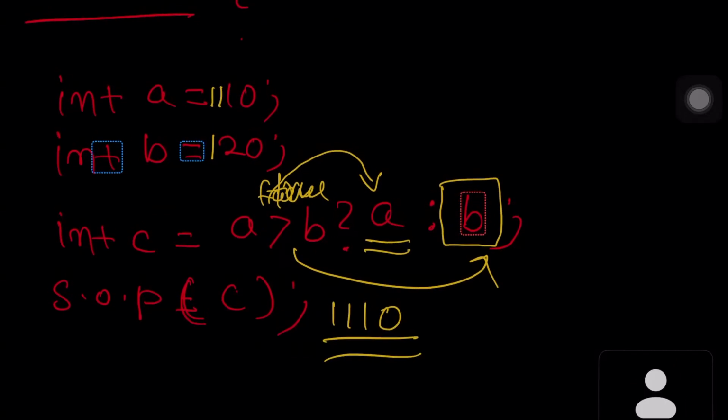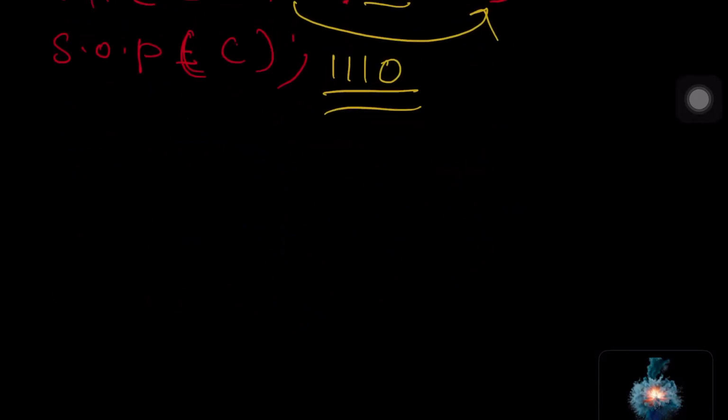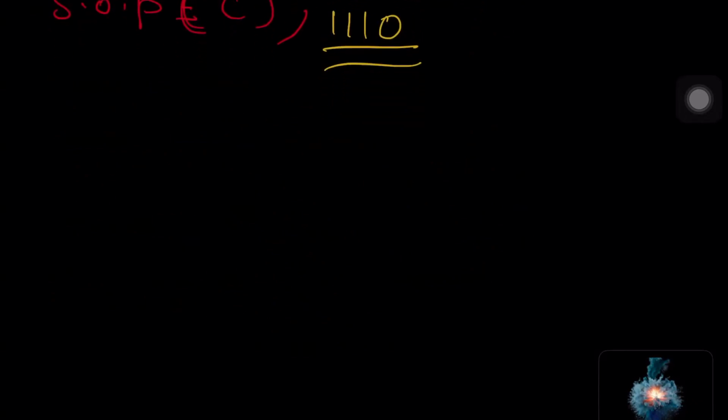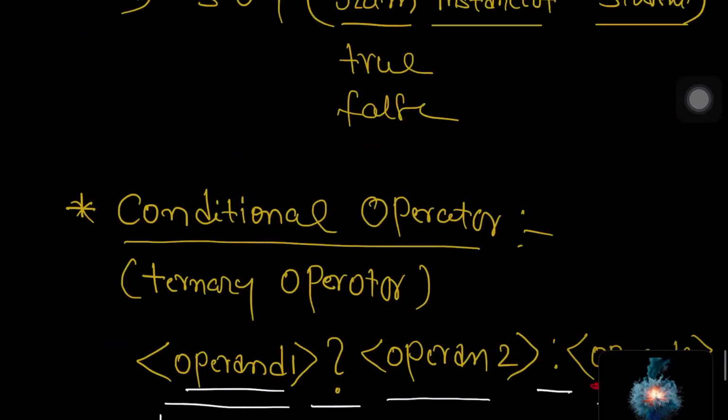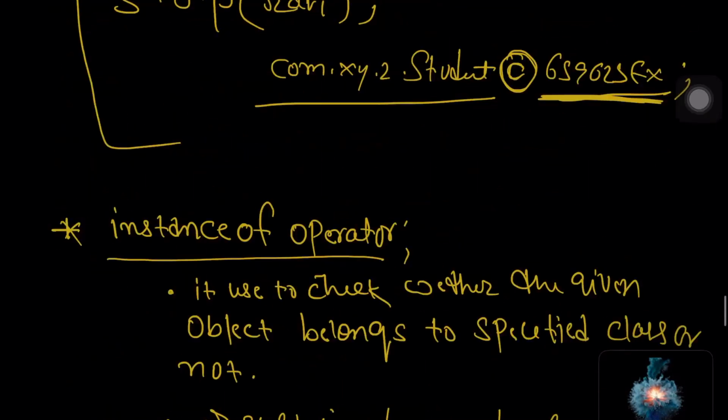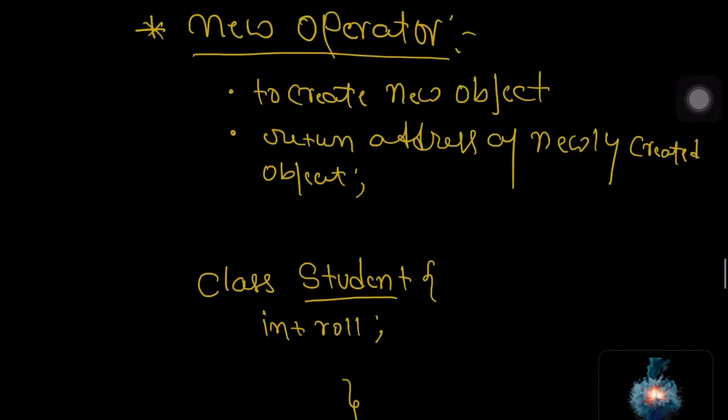Yes. So basically it's pretty straightforward, and there we have nesting also. First we'll execute an easy one and then we'll go to the complex ternary operator. Now we have covered the conditional operator, and we also cover the instanceof operator and the new operator.